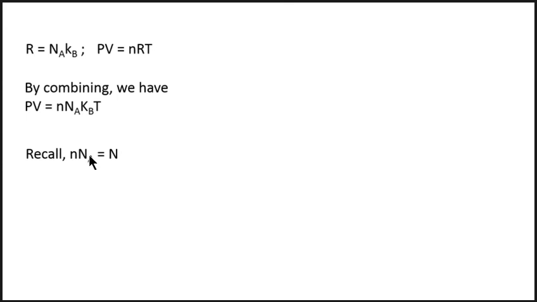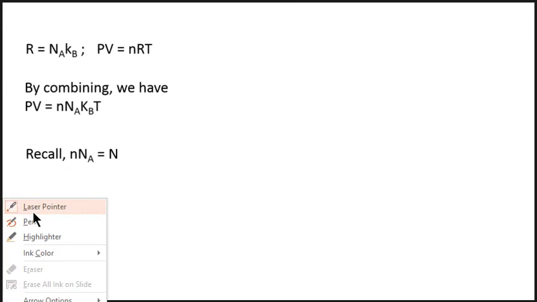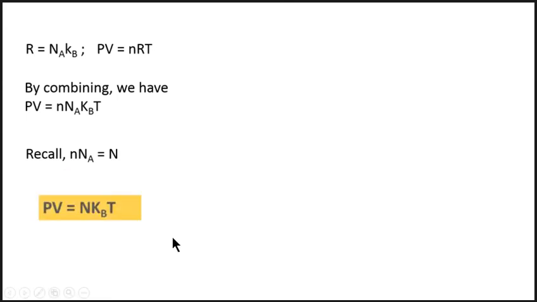Now if I go ahead and substitute, from what I have, into this expression I have up here, Na, by bringing in capital N, then I will end up getting another relationship, which is this.